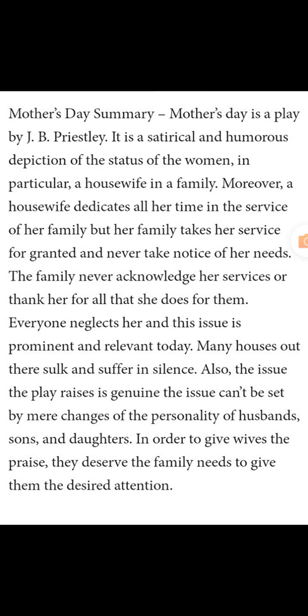The family never acknowledges her service or thanks her for all that she does for them. Not a single word of thanks is received by family members, and they treat her like a servant.